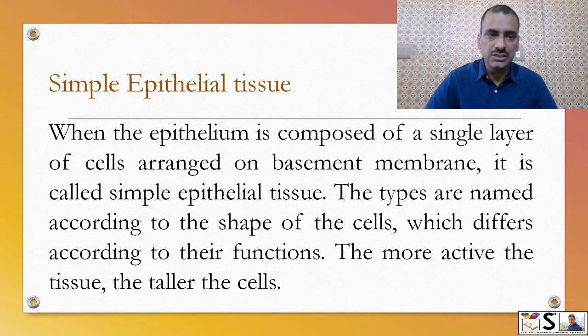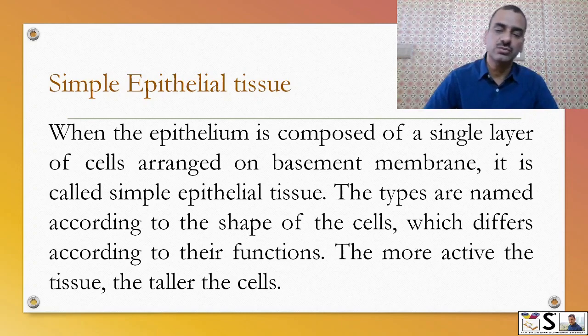Simple epithelial tissue. When the epithelium is composed of a single layer of cells arranged on the basement membrane, it is called simple epithelial tissue. The types of simple epithelial tissue are named according to the shape of the cell, which differs according to their function.